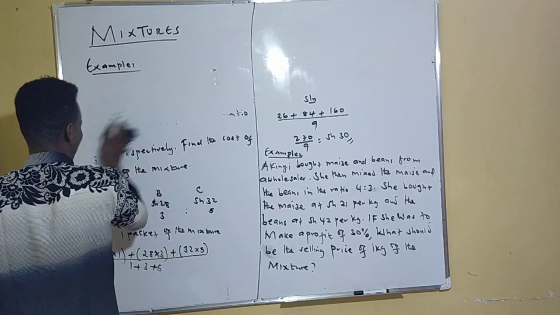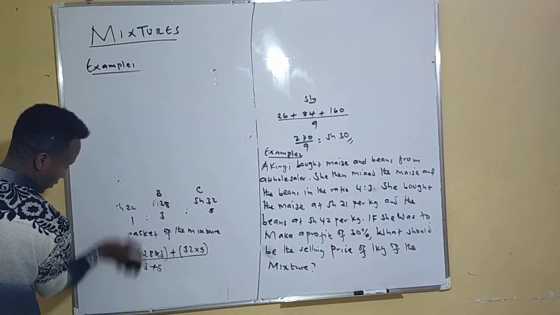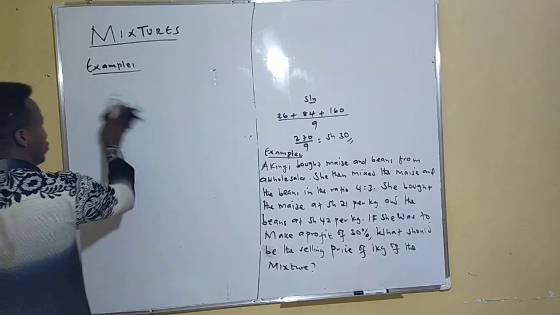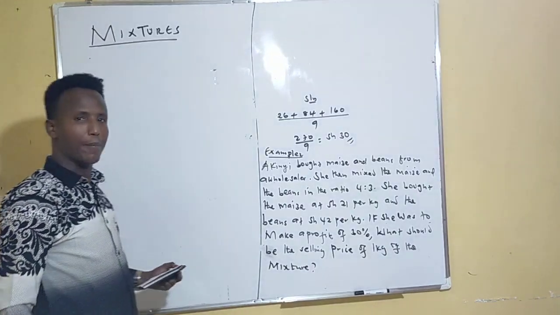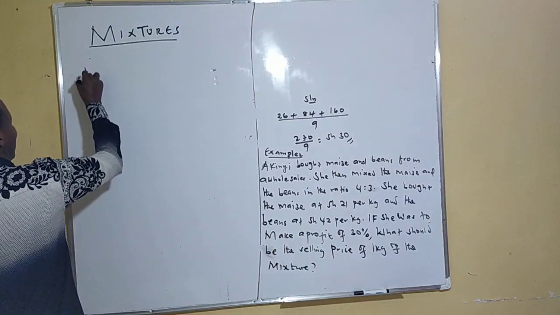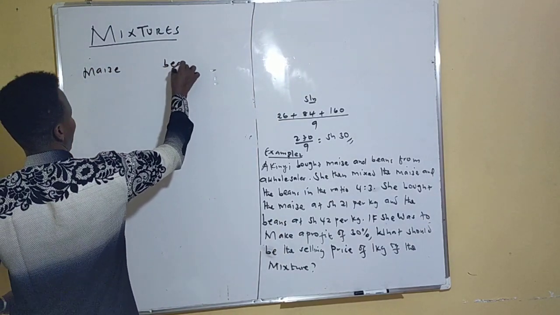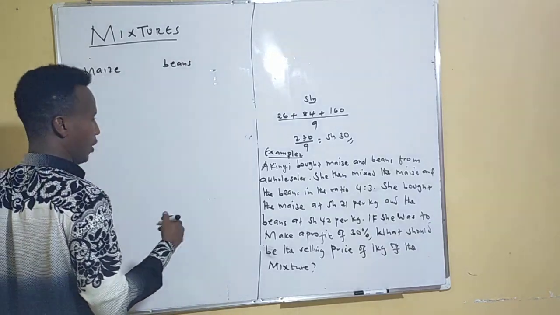Let's read the question given, for your information, guys. When you look at this question, it's typically like the previous one, but it has extra information where we are given a percentage profit. Akinyi bought maize and beans from a wholesaler.